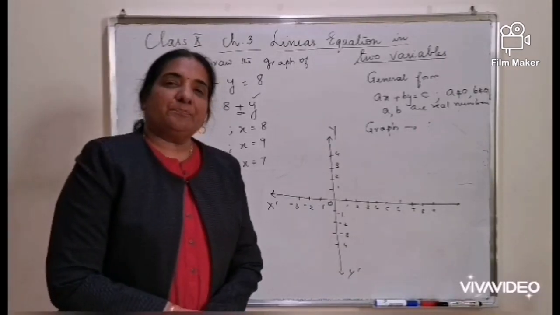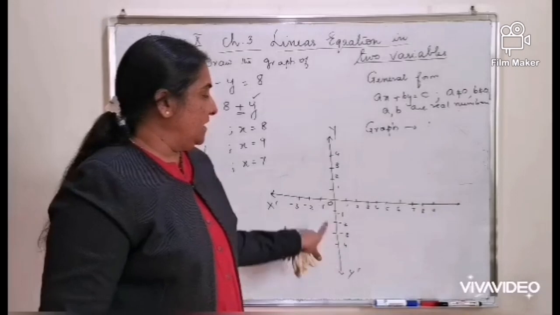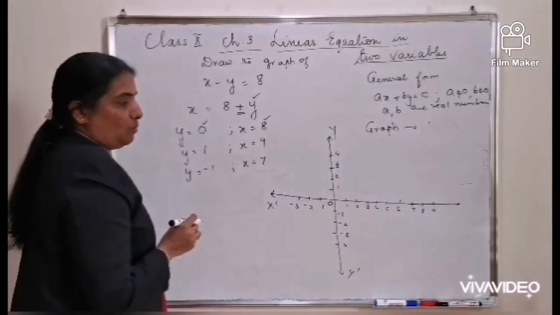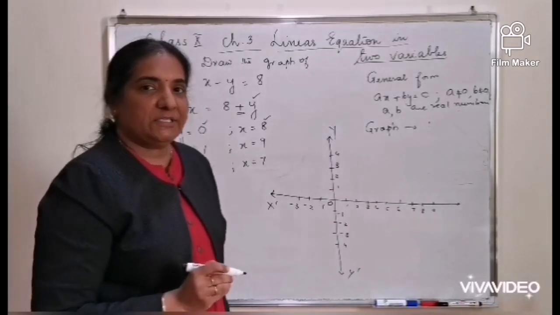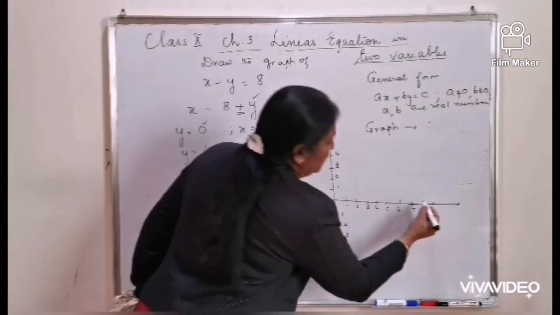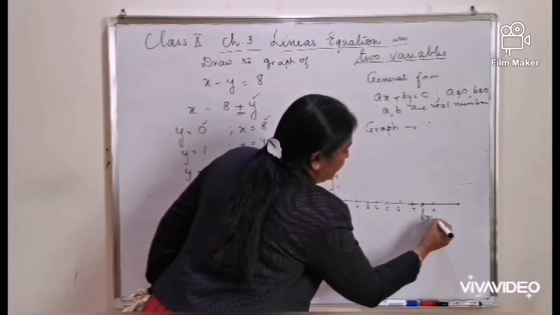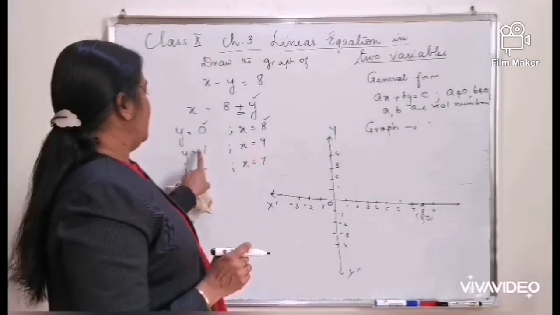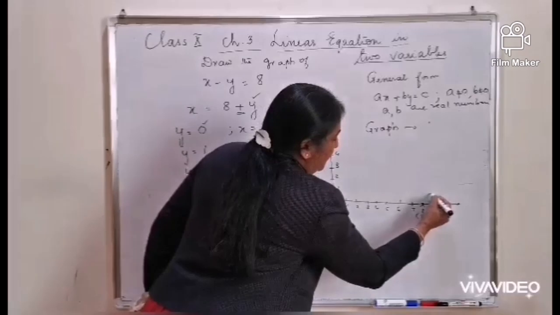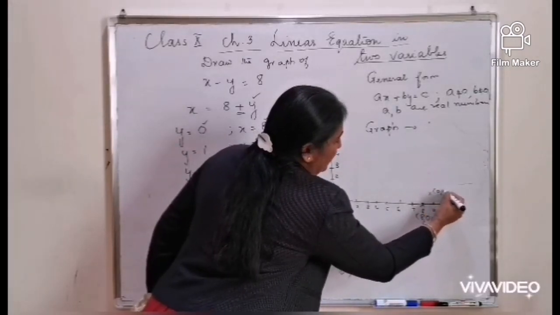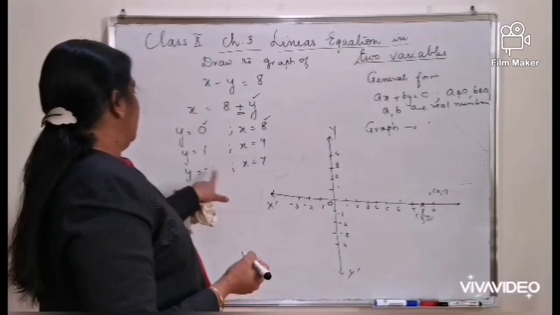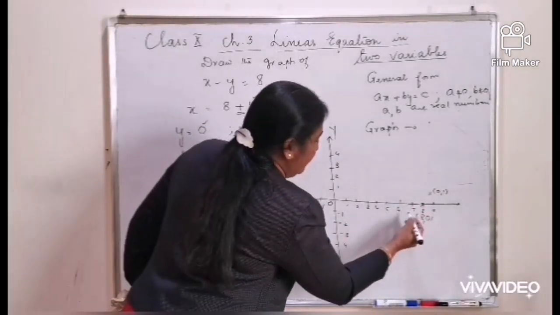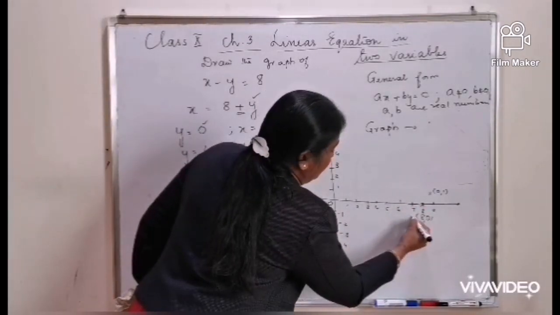By plotting the points in the graph, (8, 0) will give you the first point. (8, 0) is the point on the x-axis. The second point, (9, 1), is approximately here. And the third point is (7, minus 1).